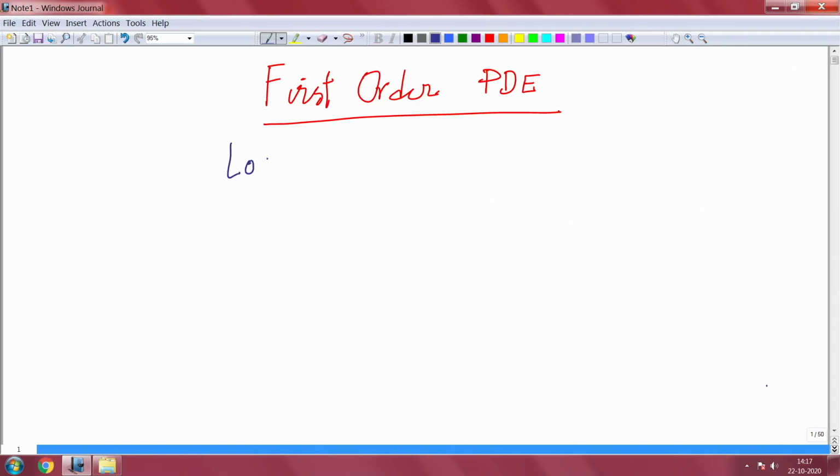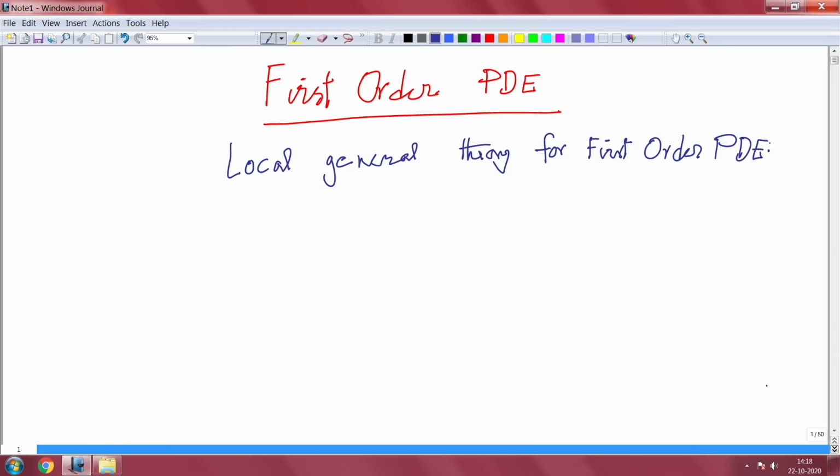You will see that, but at the same time, in the introductory talks I told you developing a general theory even for linear equations is not feasible, but there is a local general theory for first order PDE. And that is the aim of this first part of these first order things.